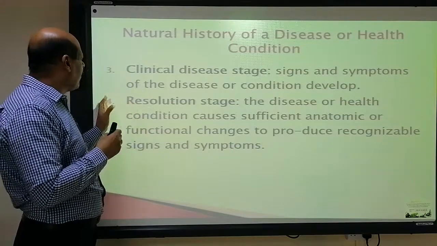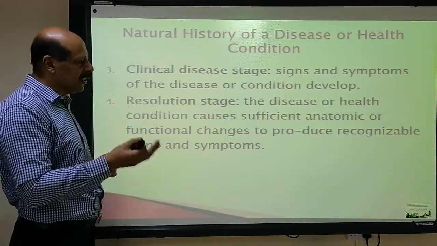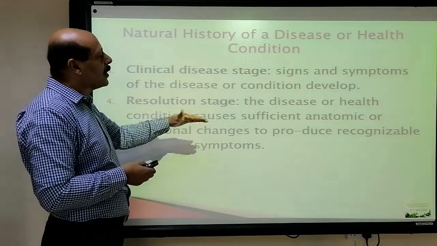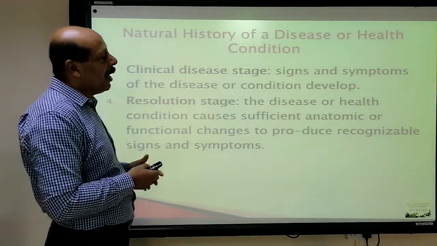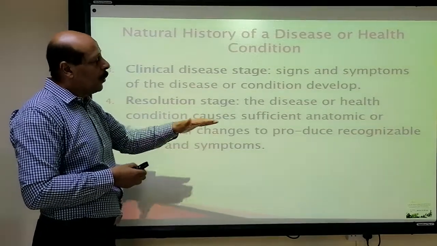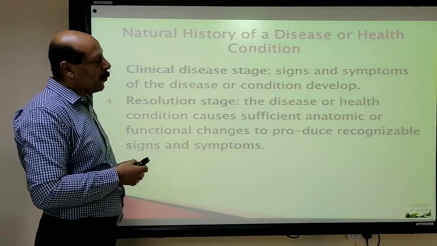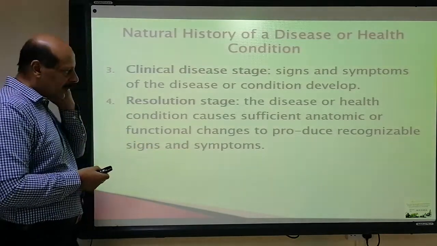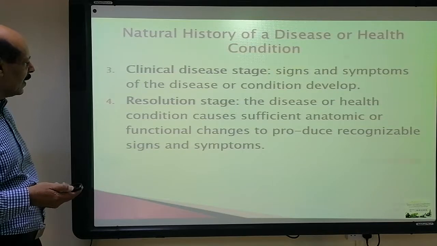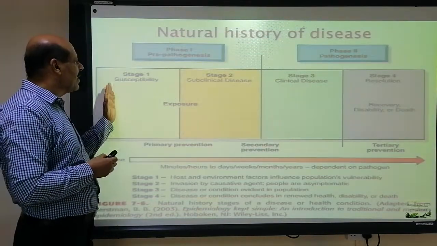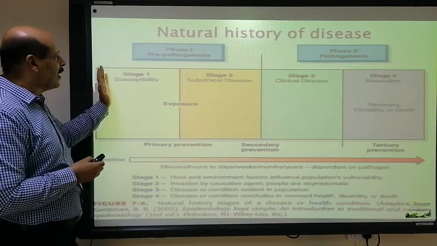Then we have the fourth stage, the resolution stage, where the disease or health condition causes sufficient anatomical or functional changes to produce recognizable signs and symptoms. So it is the resolution stage. Those are the stages. Stage susceptibility.